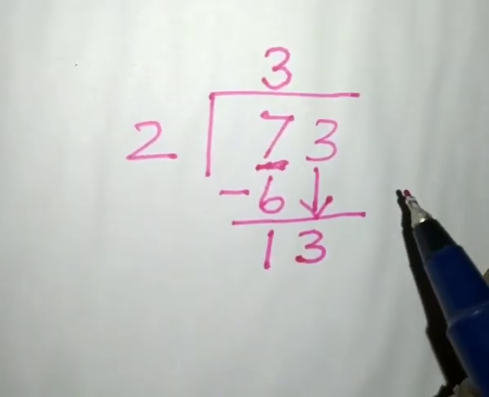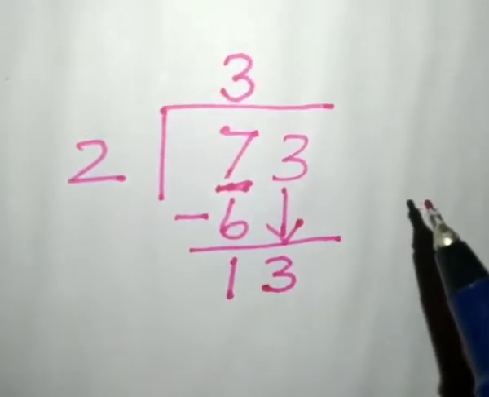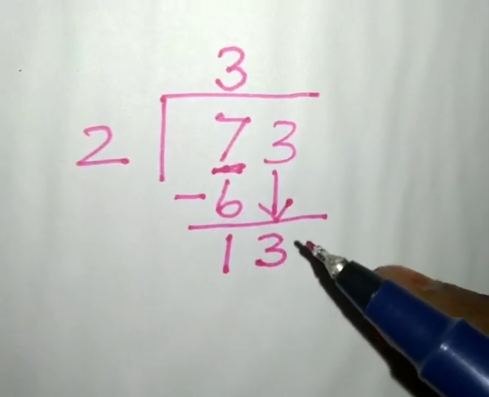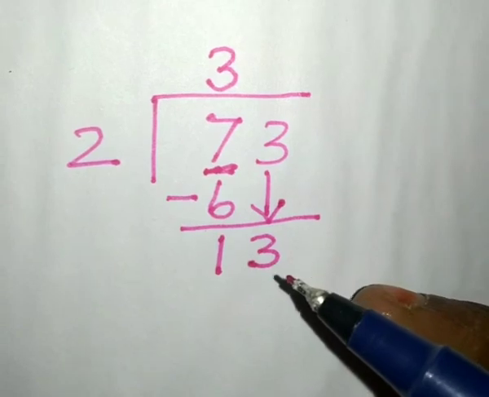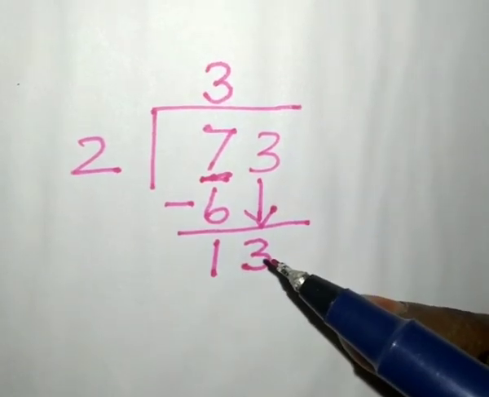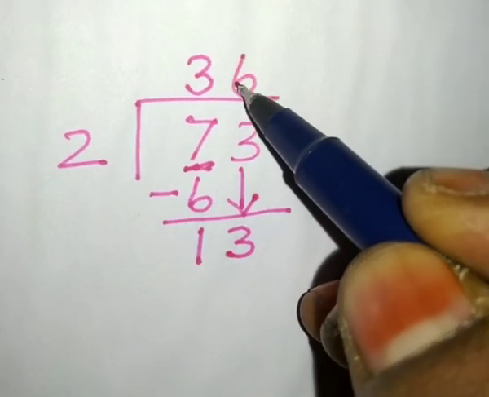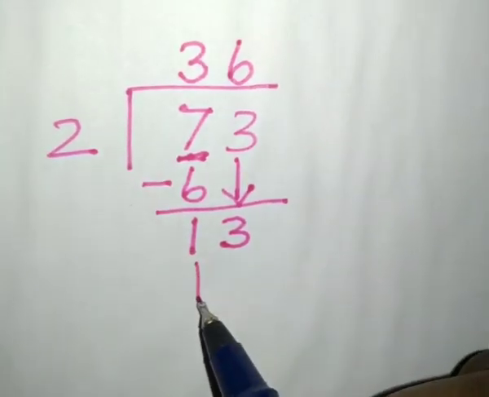How many times do you get 13? 6 2s are 12, 7 2s are 14. You should not take 7 2s are 14 because 14 is greater than 13. So you have to take 6 2s are 12.